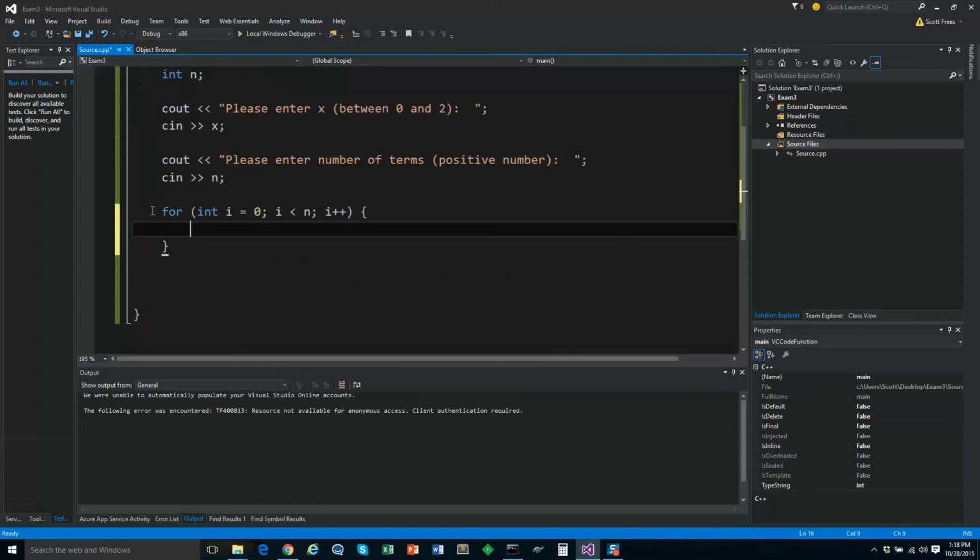It's just my standard for loop, and I can do anything I want here. So let's build it.